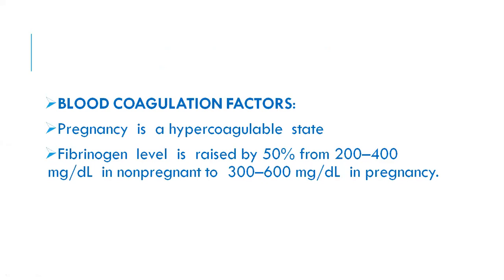What happens to blood coagulation? As we know, pregnancy is a hypercoagulable state. Fibrinogen level is raised by 50%, from 200 to 400 milligrams per deciliter in non-pregnant to 300 to 600 in pregnancy.